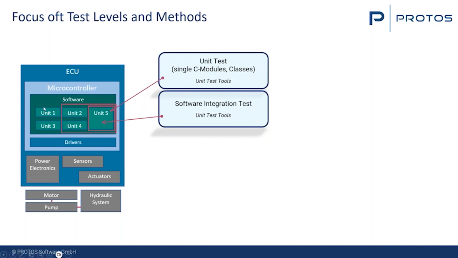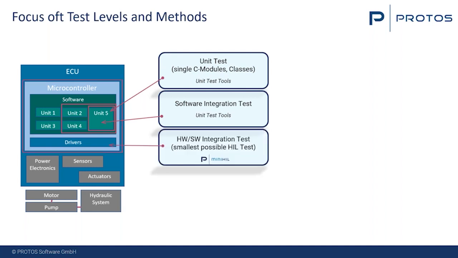The problem is there might be components you cannot really test with unit tests, or at least not very efficiently, because they need environment simulation, they have a continuous behavior, closed loop, and so on, and that's really hard to test with unit tests. So the next level would be the smallest possible hardware in the loop test, and that's where the mini HIL comes into place.